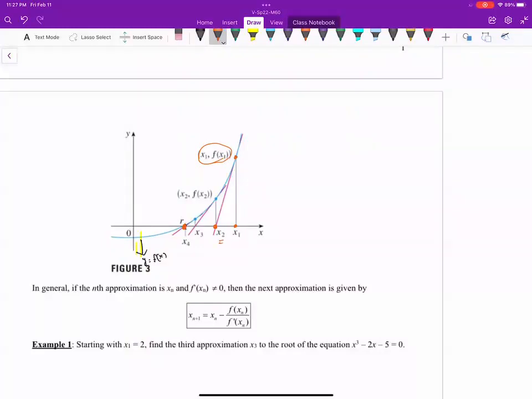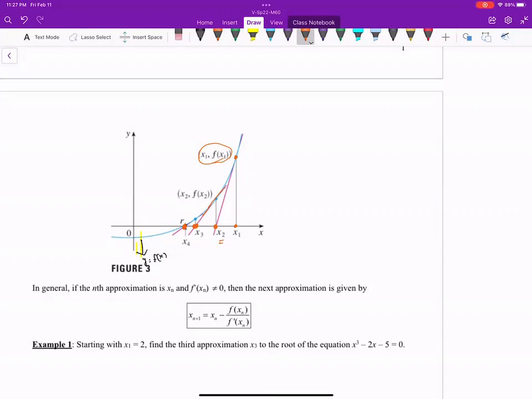The expectation here is that x2 is closer to r than x1. Then we consider the point (x2, f(x2)) on the graph and draw the tangent line to the curve at that point and see where it crosses the x-axis. That will be x3.